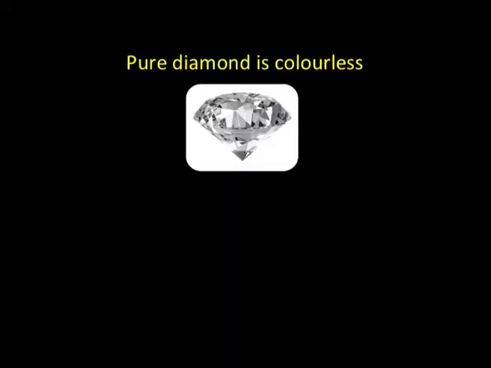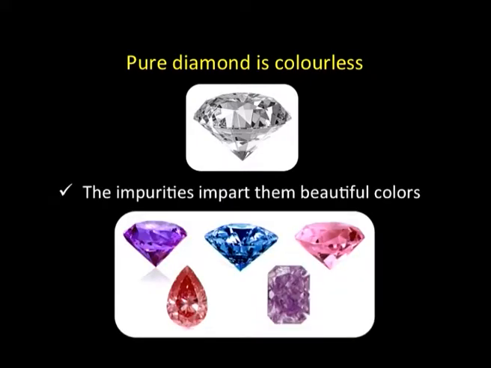Continuing with our crystalline solids, we find that a pure diamond is colorless, but the impurities in diamonds are the ones which impart them beautiful colors. So, these imperfections or impurities are actually very useful and very important.